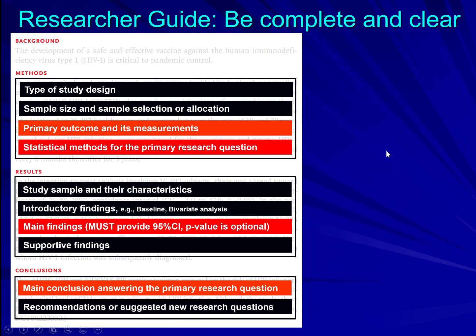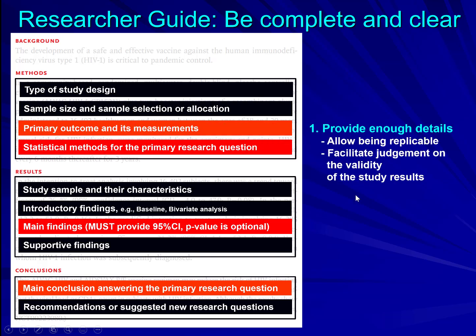Now, if you are a researcher, you plan to do something that ends up with a very good conclusion, you need then to provide enough details that allow replicability. This is the property of science, not magic, because there are details for the average person. If they want to replicate the way the study is conducted, it should end up with the same conclusion, that allows it to be replicable.